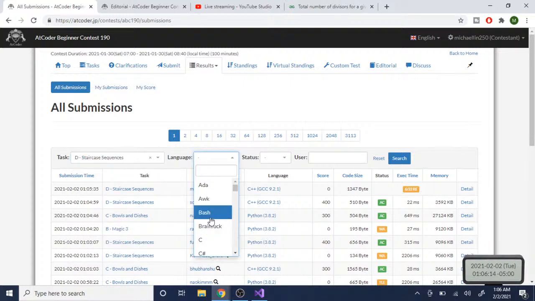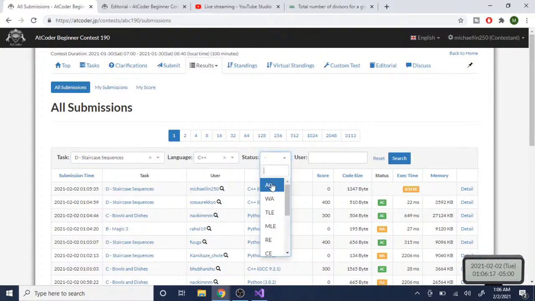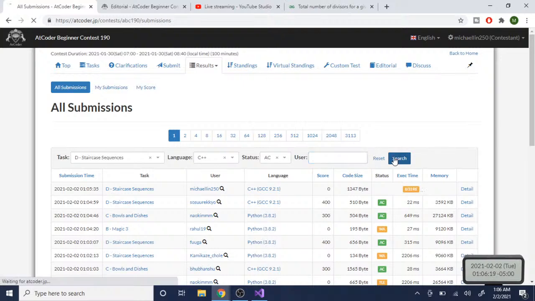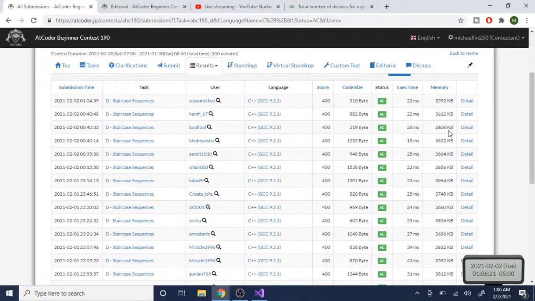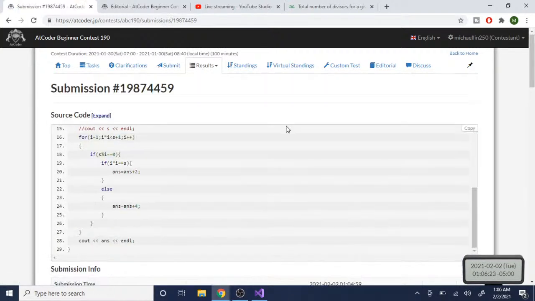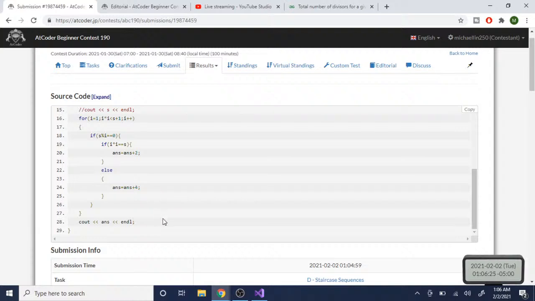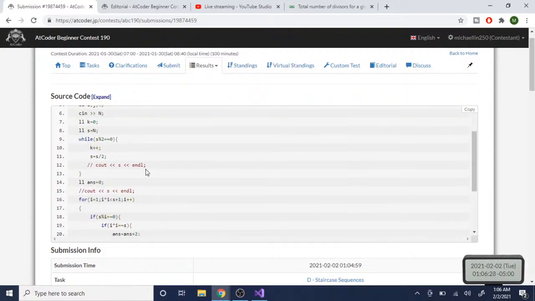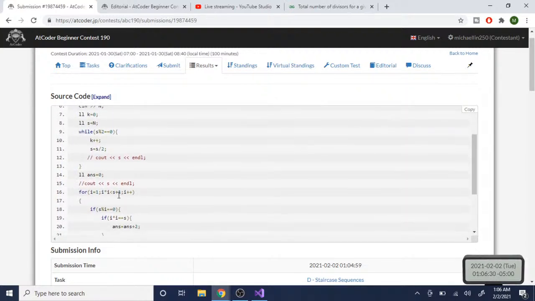Language C++, status AC, search. Okay, here. I understand what they're doing here.